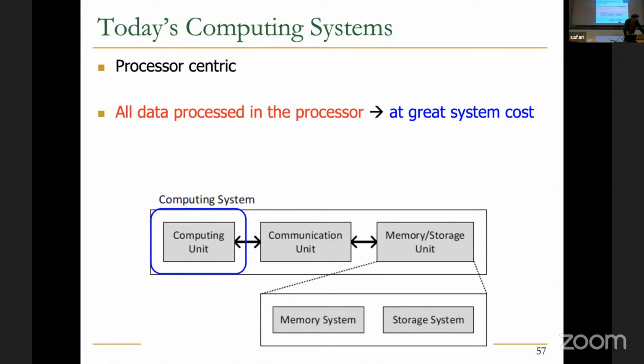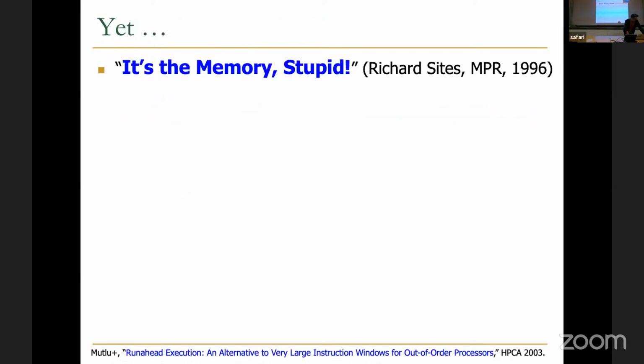So this comes at a great system cost, and it's something that was identified or diagnosed a long time ago. From this interview with Richard Sites in 1996, the title of this interview was "It's the Memory, Stupid."